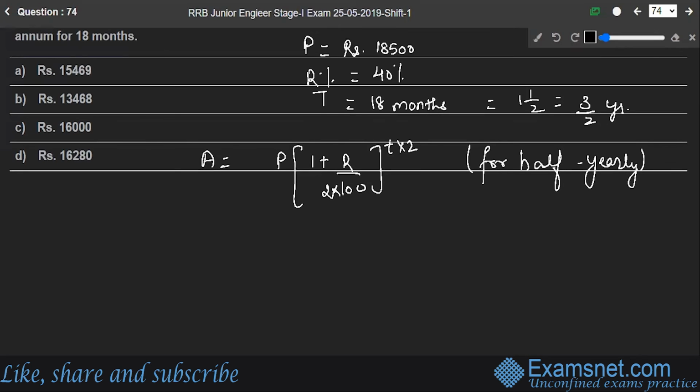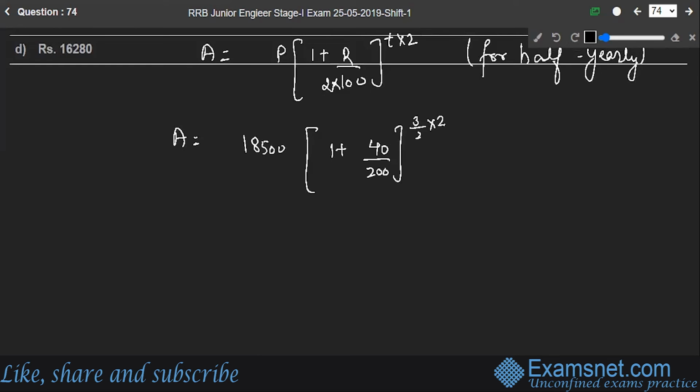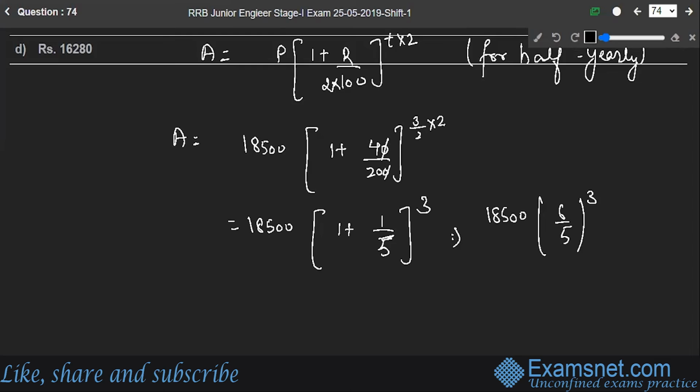So here amount is equal to 18500 (1 plus 40 upon 200) raised to the power 3/2 into 2. This becomes 18500 (1 plus 1 upon 5) raised to the power 3, which is equal to 18500 (6 by 5) raised to the power 3.